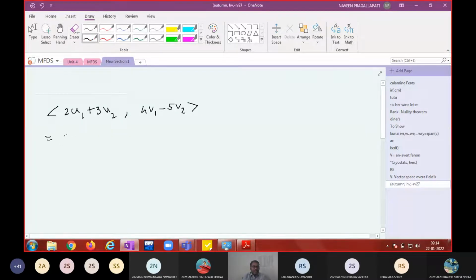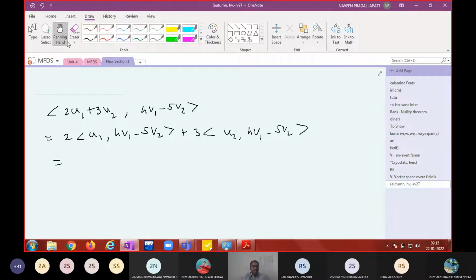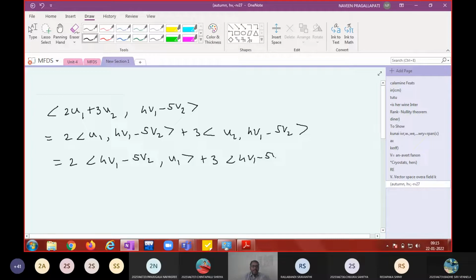That means 2 times the inner product of u1 comma 4v1 minus 5v2, plus 3 times the inner product of u2 comma 4v1 minus 5v2. Then I can interchange these two, since inner product uv equals inner product vu. So 4v1 minus 5v2 comma u1, plus 3 times the inner product of 4v1 minus 5v2 comma u2.